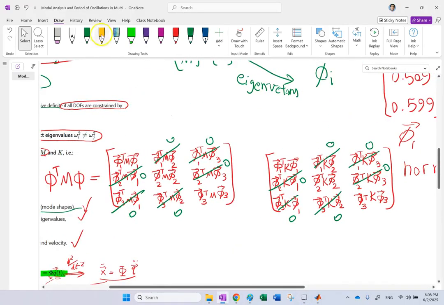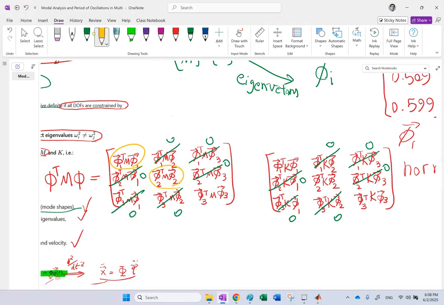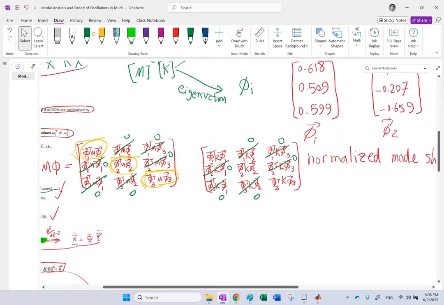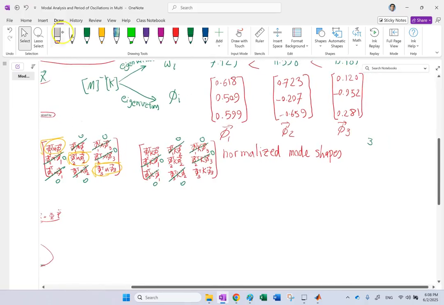All you need is to get these numbers that are non-zero. Each one of them is a scalar number. If you take the square root of each one of them and divide these original mode shapes by those.